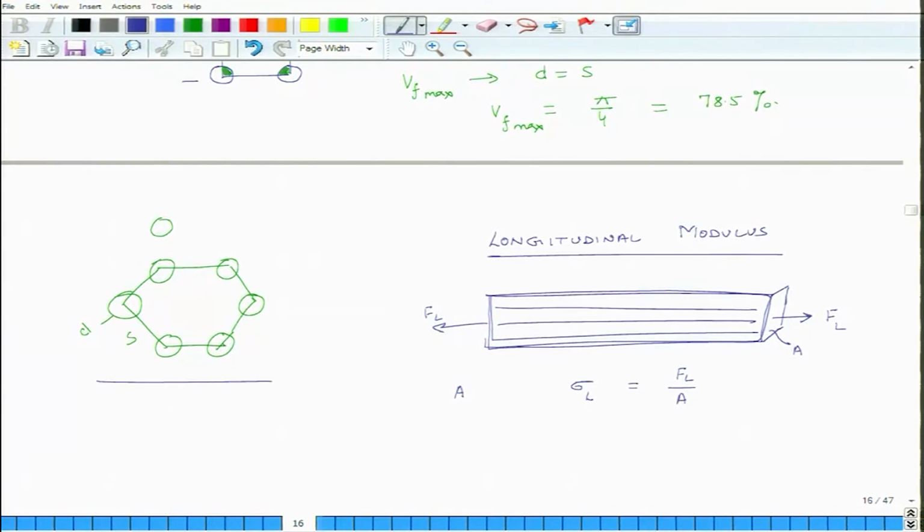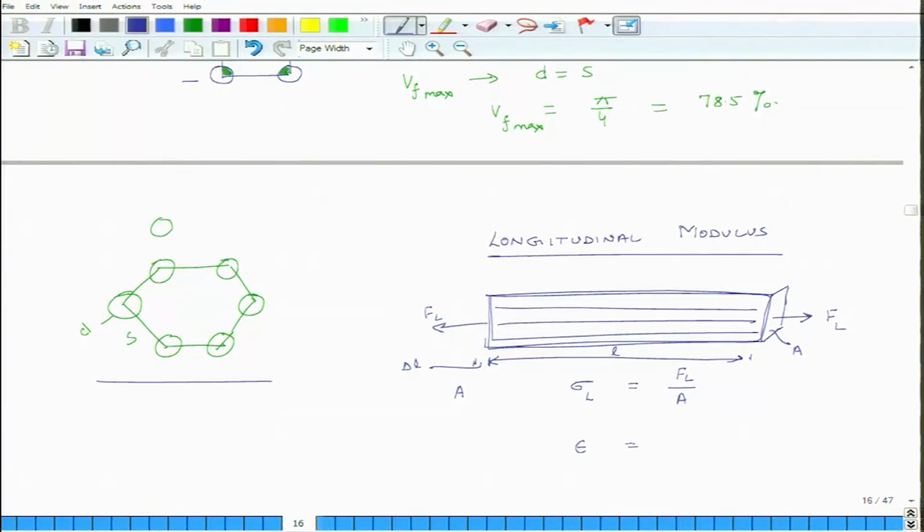And what will be the strain in the system? So, when I pull it, it extends a little bit. So, this is the original length, and then it extends by some distance delta L. So, what is the strain?